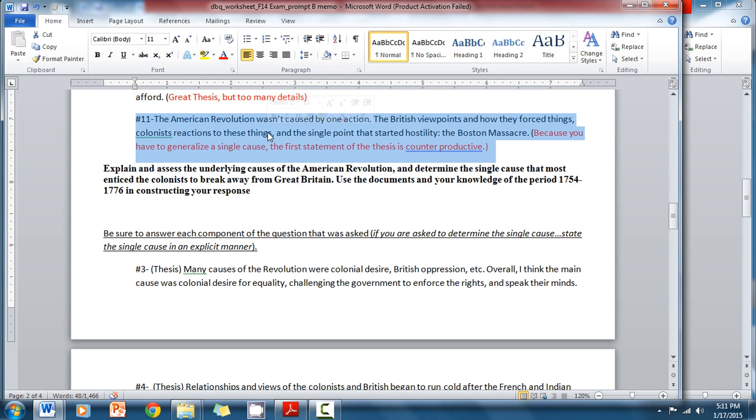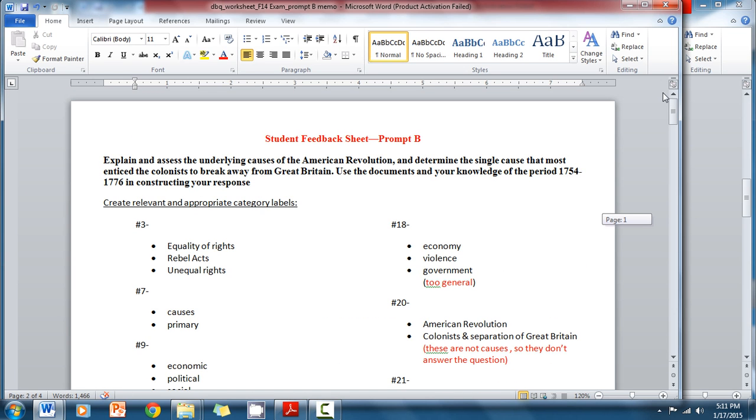Student number 11: The American Revolution wasn't caused by one action. Oh man, this is a huge red flag. Huge red flag. The question asks us to assess the underlying causes of the revolution, so it's already known that many things started this event. It just asks you to make a judgment, state a claim.